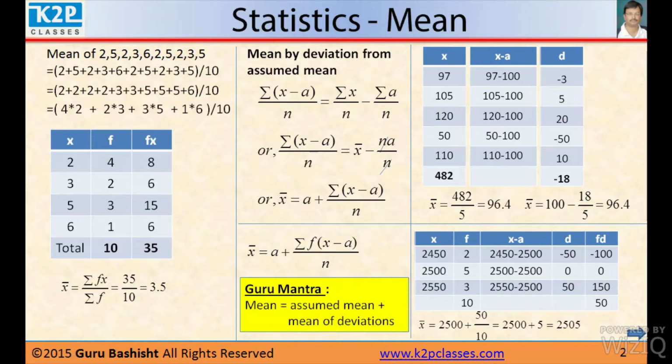But if you are using a computer or calculator, any method will work. But in the class 9-10 syllabus, there is something called finding the mean by deviation from assumed mean, and this is that method.